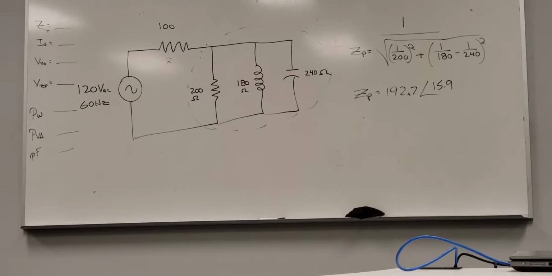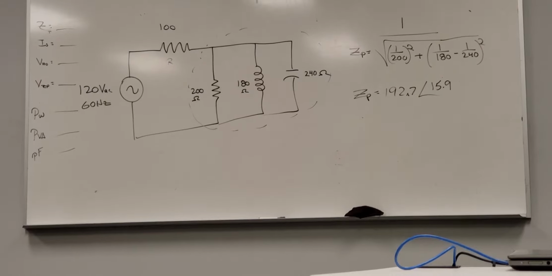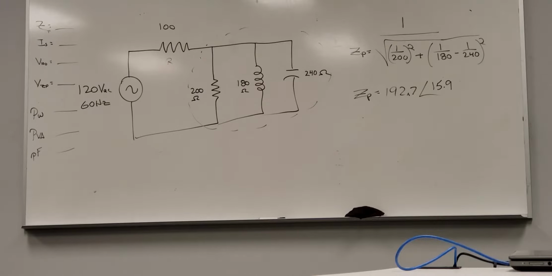It's 180 minus 240, close that, divide that by 200. Try that again. What's the formula, sir? Reactive component divided by resistor. I got it.